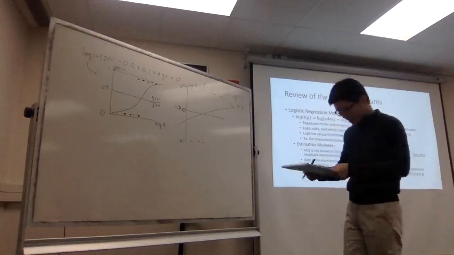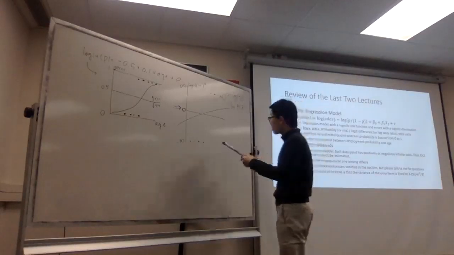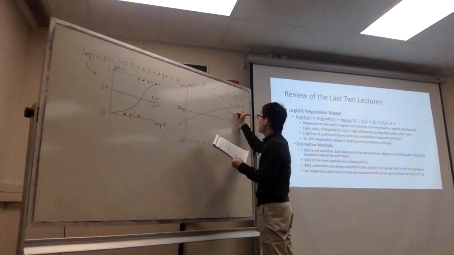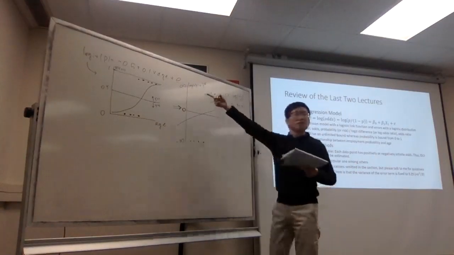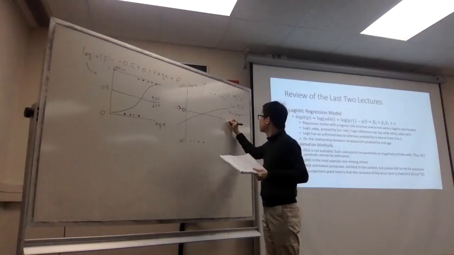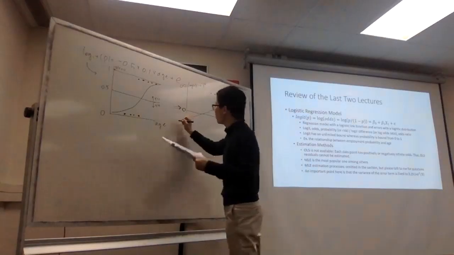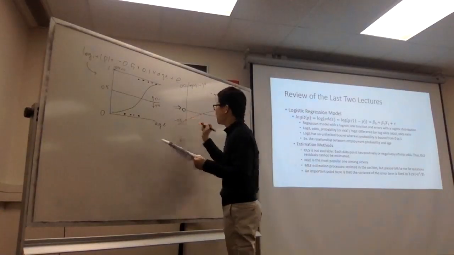Good. And the slope here is 0.1, just like the regression. And the intercept is negative 0.5.